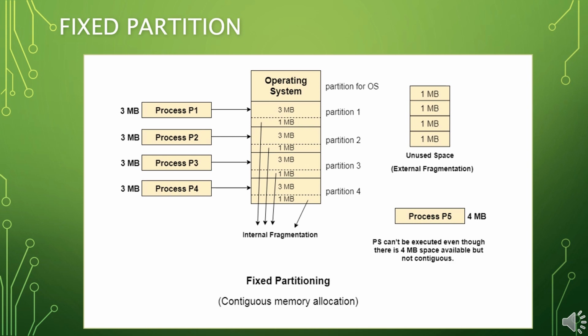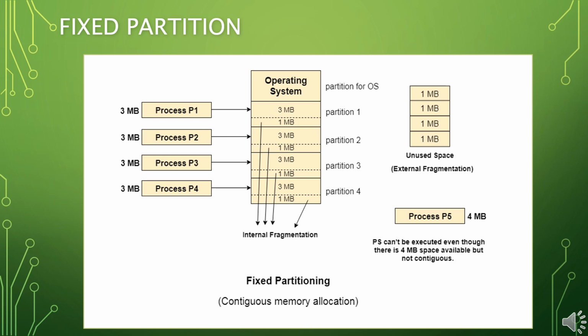Now the second part is the memory, which is divided into 5 partitions, where the first partition is allocated to the operating system and the remaining 4 partitions are kept for the processes. Process P1 is assigned partition 1, process P2 is assigned partition 2, process P3 is assigned partition 3, in a sequence, that is in a contiguous manner.